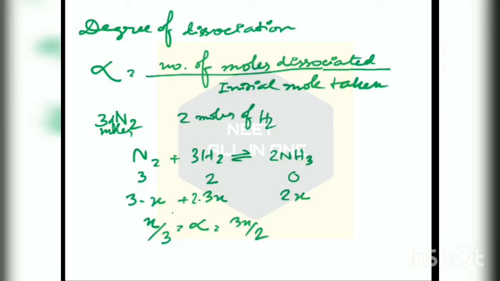Now in NEET questions they give you the value of alpha. Let us suppose it is given to you as 0.5. So we can write it as half, because alpha given here is 0.5.